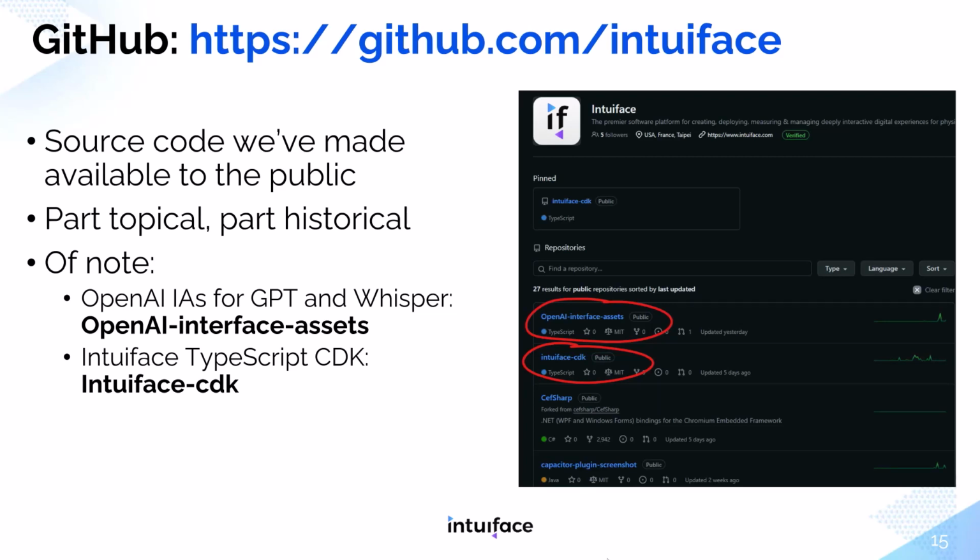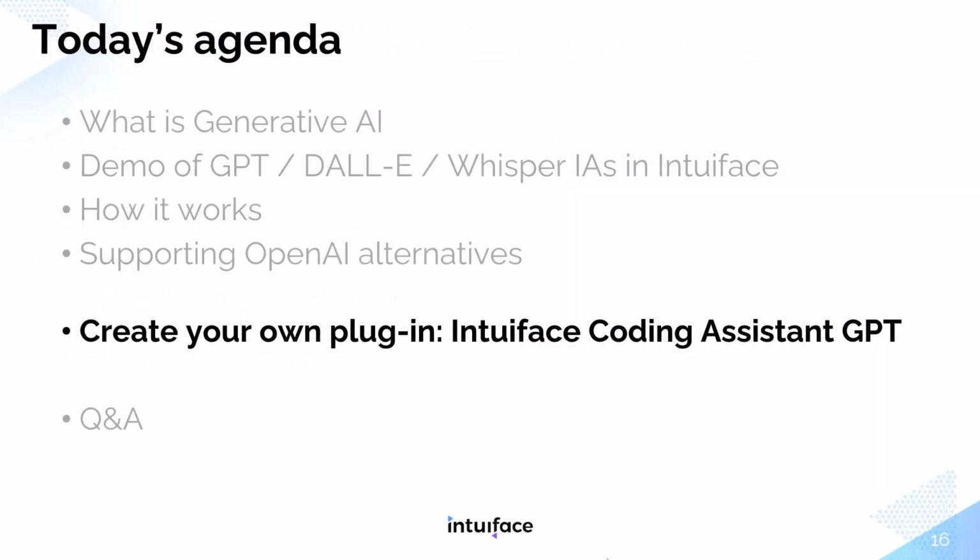But most of that code can probably be auto-generated, which gets us to our next topic: creating your own plugin, your own interface asset, your own IA, not AI, using something called the Intuiface Coding Assistant GPT. What the heck is that, and why would I want to use that?